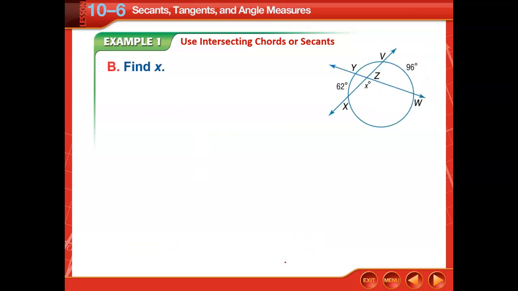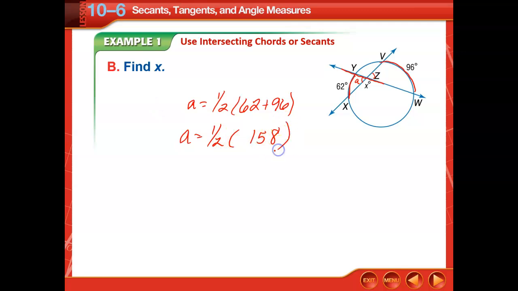Here I have this arc and this arc, which will help me find these two angles because those are equal. I'm going to first find those two angles, and then remember that the angle I'm going to find with this X will equal 180 because they're linear. Let's call that angle A. Angle A would equal 1/2 of 62 plus 96, so 1/2 of 158.